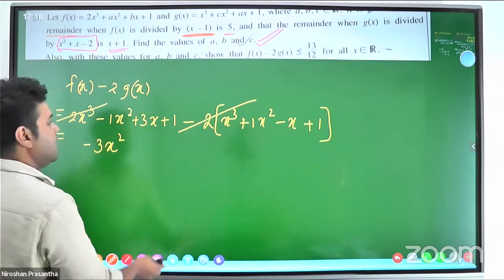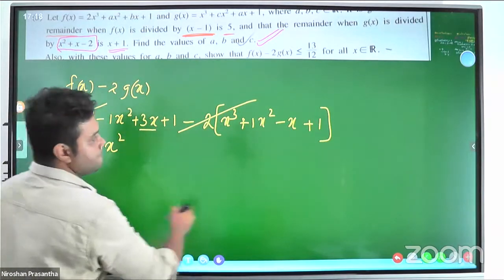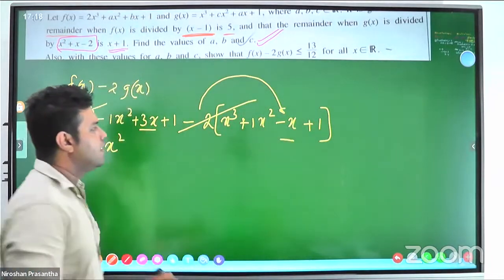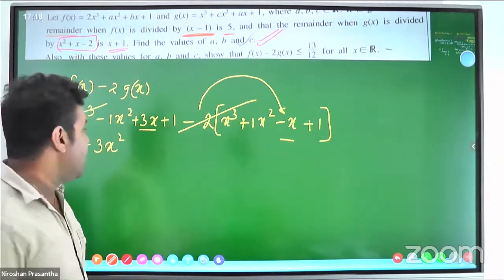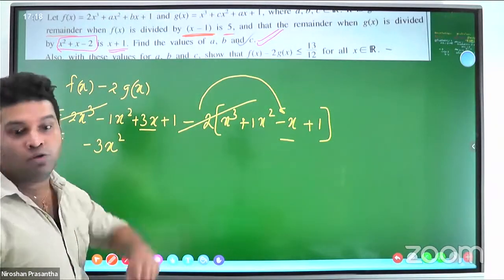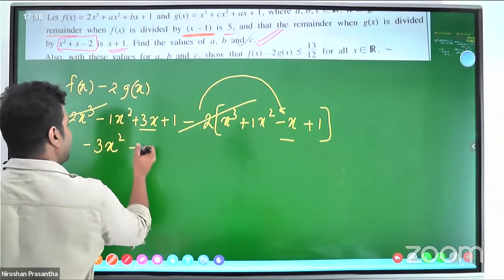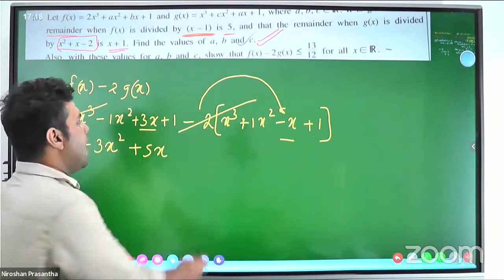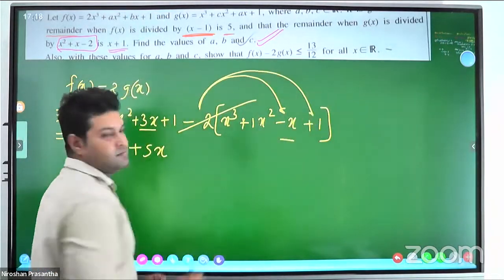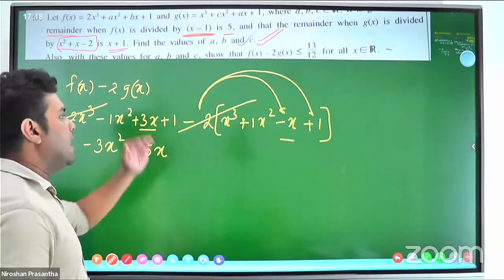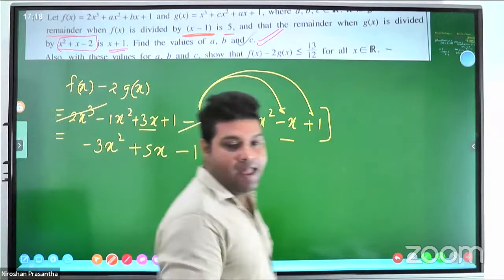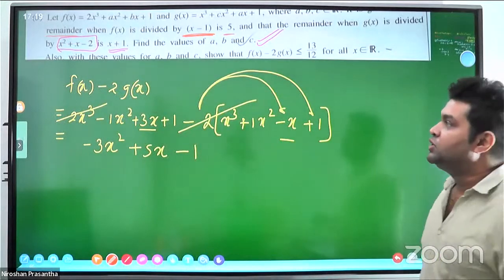Then positive 3x and minus 2 into minus x, plus 2x, and positive 3x, so plus 5x. Then plus 1 and minus 2 into 1, minus 2, result minus 1. This is f(x) minus 2g(x).